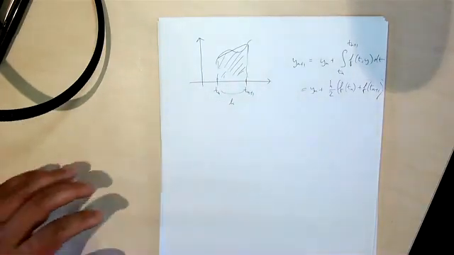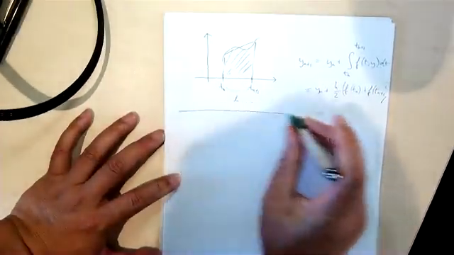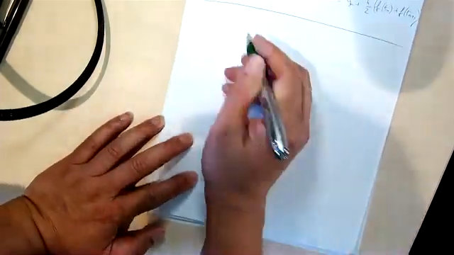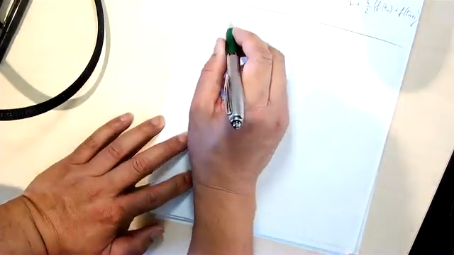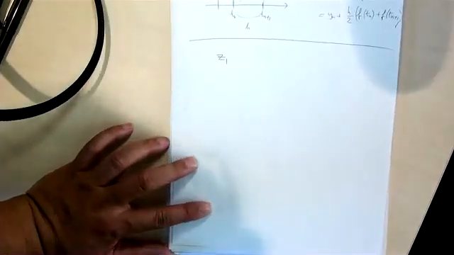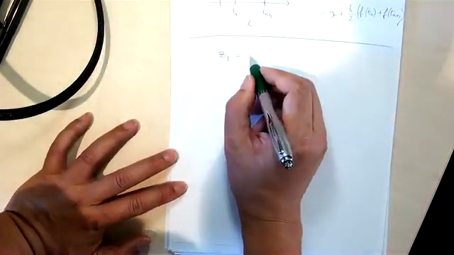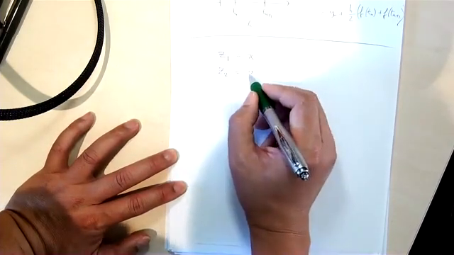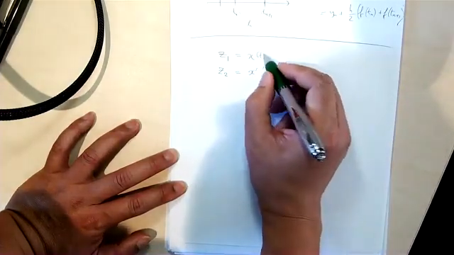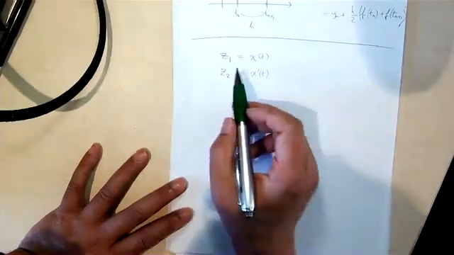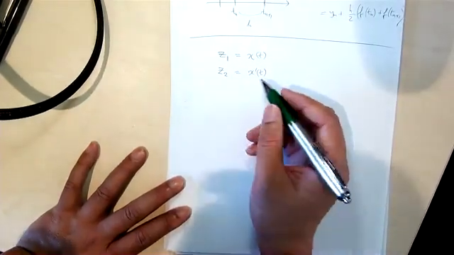So the trick is, you come up with new variables: z1 equals x, and z2 equals x prime.